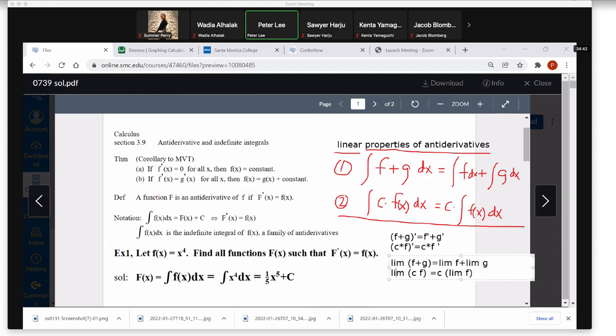The entire course is about linear operators. So this kind of thing is a linear operator, and it has two linear properties. Again, there are many things which are linear, and the integral is one of those linear operators.